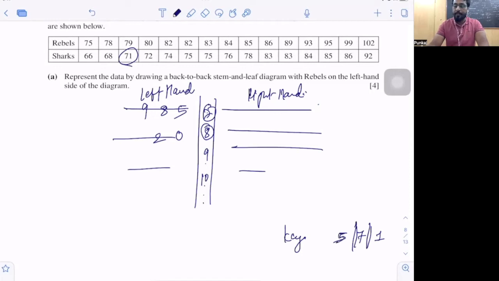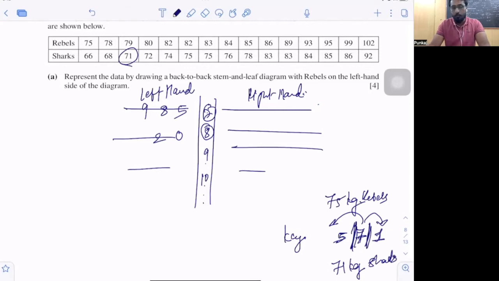So this is 5, a vertical line, 7, then a vertical line, and then 1. So that's 75 kgs for the Rebels, and 71 kgs for the Sharks. So that's what the key is. Of course, I'm going to represent this in a very proper manner. So this was just an explanation.